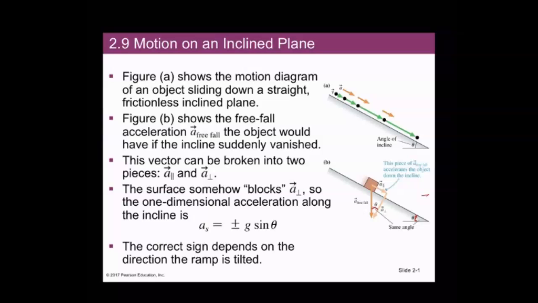So if we believe that, then we're looking at the angle theta between the perpendicular component and the free fall vector. We see that the sine of theta is equal to the opposite side, a parallel, over the hypotenuse, a free fall, which in this case is g.